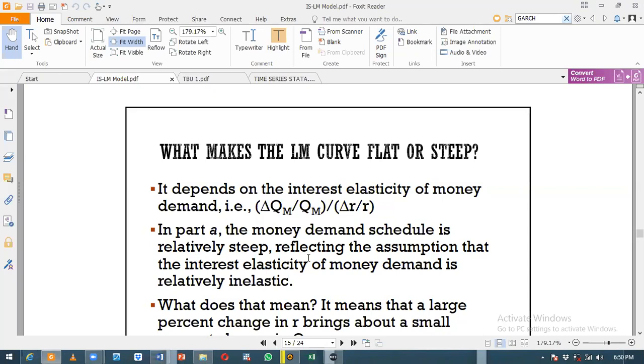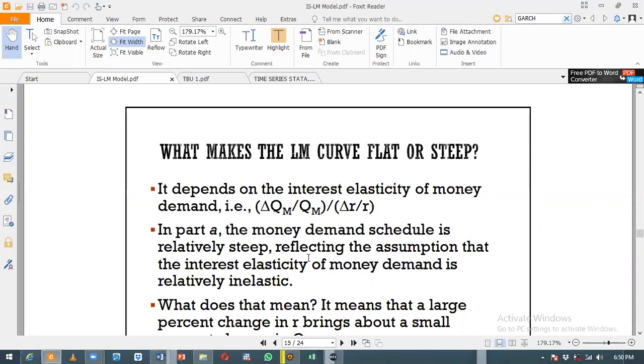When you come to the LM curve too, the steepness depends on the interest elasticity of money demand. We know that per Keynes, unlike those old people who said that money didn't depend on interest rates, Keynes stated a negative relationship between money demand and the interest rate. So if money demand is more interest elastic, it means the level of money demand really responds to changes in the interest rate.